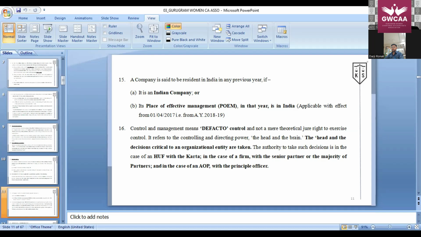But before that, before we discuss the POEM, let's understand the determining of residential status as per the treaties, that is tie breaker test. तो जैसे ट्रीटीज होती है, डबल टैक्स अवॉइडेंस एग्रीमेंट जो हम आगे समझेंगे, तो उसमें रेसिडेंशियल स्टेटस कैसे डिटरमिन होता है. तो देयर आर फ्यू क्राइटेरियाज इन टाई ब्रेकर टेस्ट.